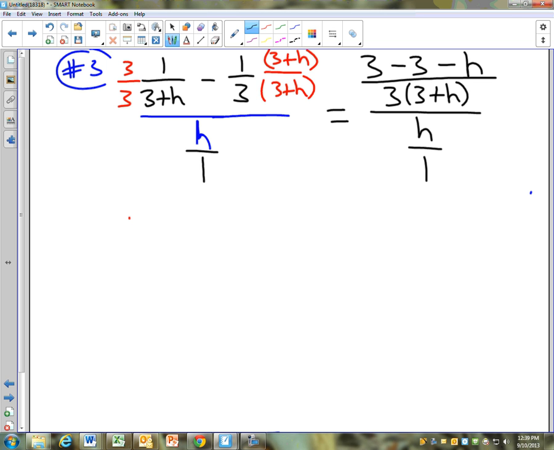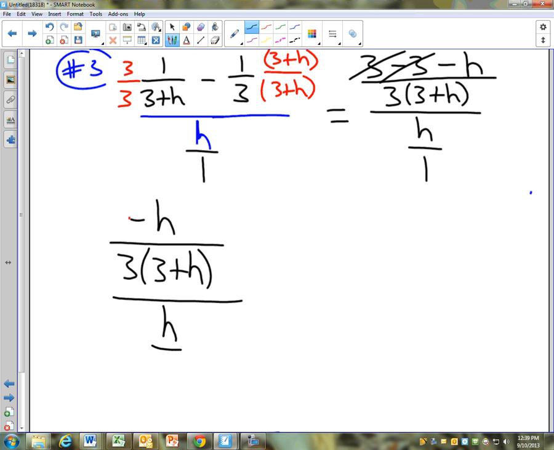But before I multiply by the reciprocal, what should I do at the top? Simplify. 3 minus 3 is going to go away. I'm left with negative h over 3 times 3 plus h over h over 1.